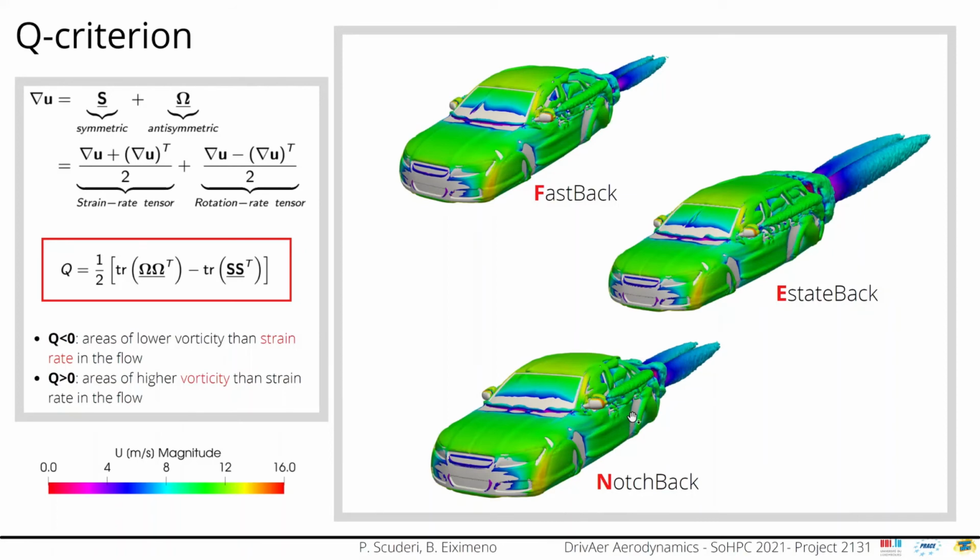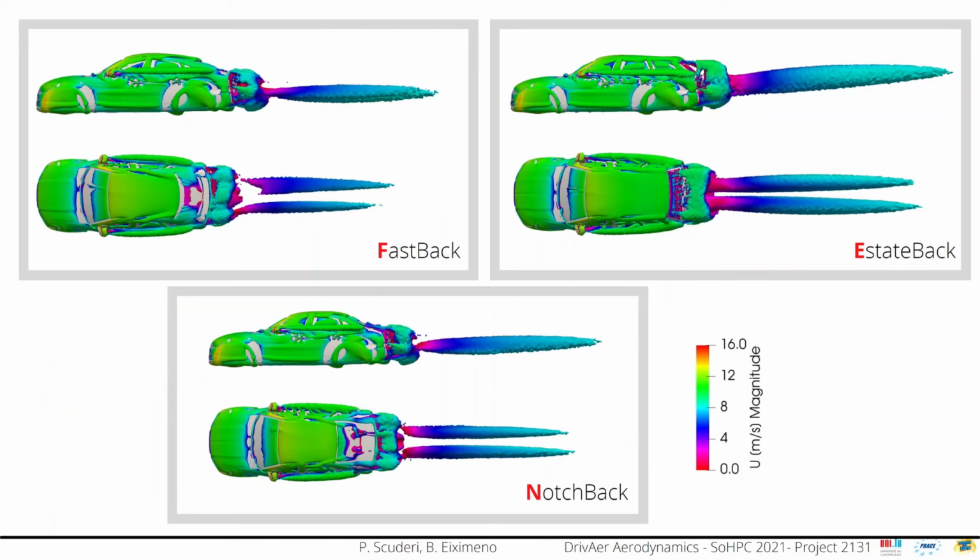On that, the velocity magnitude was plotted. The size of the vortex structures in the wake region is bigger for the estateback configuration, while for the fastback and the notchback the structure is similar enough. However, for all the back shapes, no big variations in the velocity magnitude are shown.